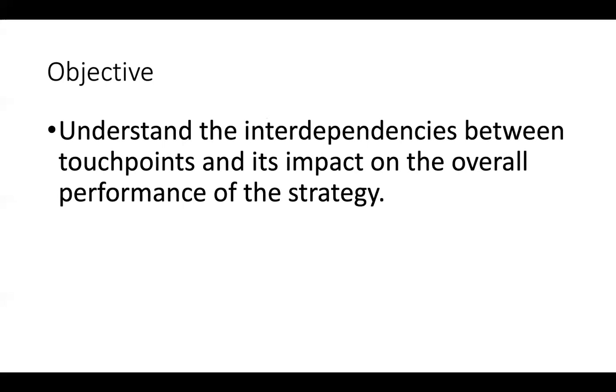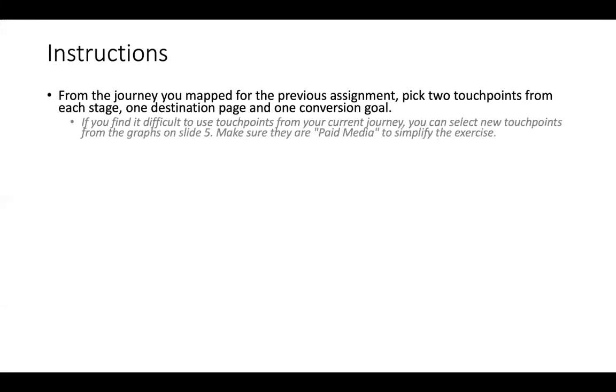So again, the main objective was to understand the interdependencies within touch points and the impact each touch point will have on the overall performance of the strategy in terms of cost per acquisition, cost per lead, ROI, etc. And the instructions were simple. I adjusted the expectations for the assignment to make it a little bit simpler.